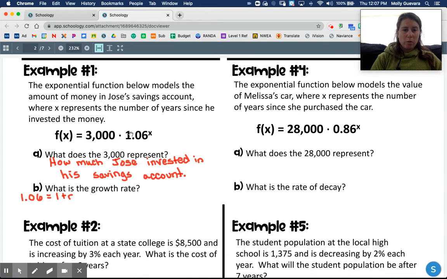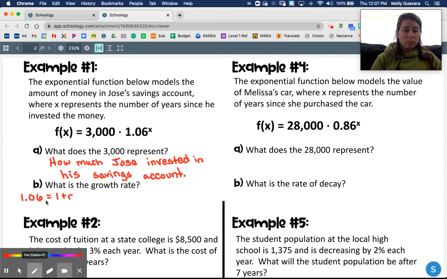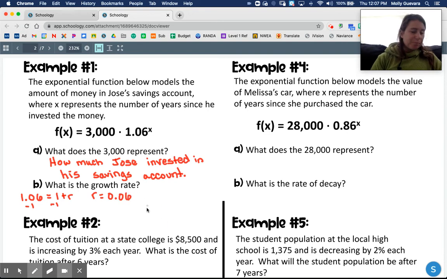Here, 1.06 is the base of my exponent. So if I subtract 1, I get r is equal to 0.06. Now, when the growth rate is in the equation, it's in decimal form. But when I just want to know what the growth rate is, it needs to be in a percent, so I need to change this to a percent.